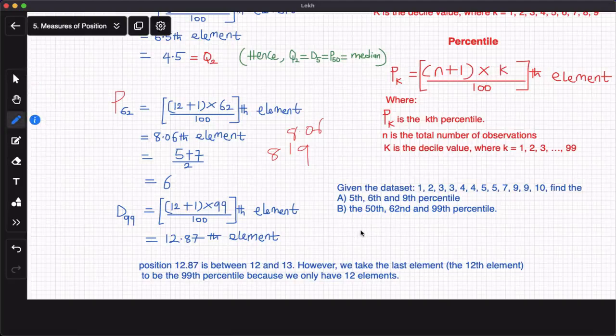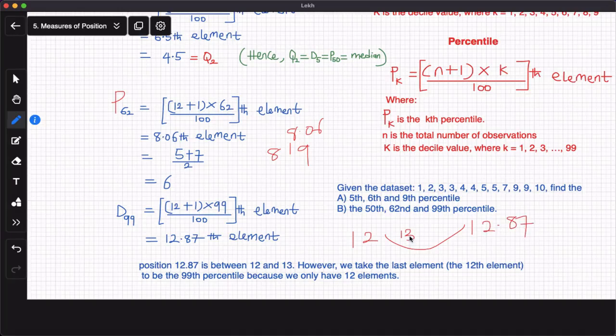So we cannot have that kind of position, except we consider that the position is between position 12 and position 13. But we don't have a 13th element.